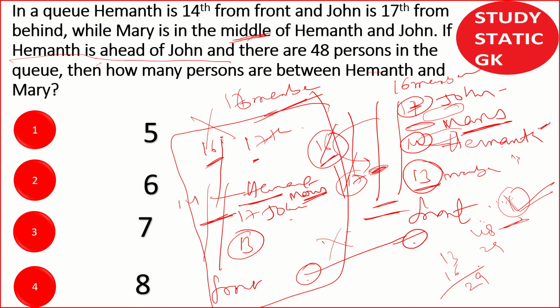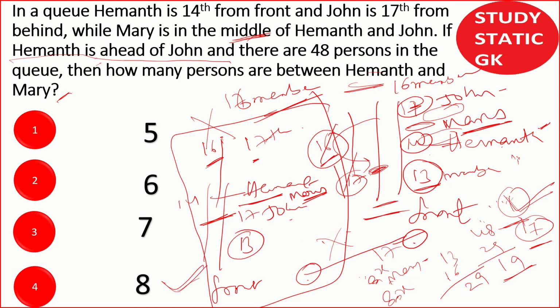So 48 minus 29 is 19. If you remove these two, the total is 17. In this 17, X, Mary, and X. These two should be equal, right? So 1 you leave, and 8 and 8. So the number of persons between Hemant and Mary is 8.